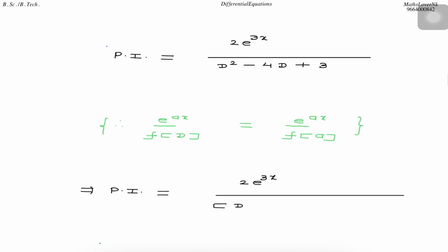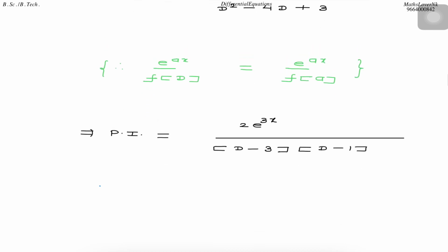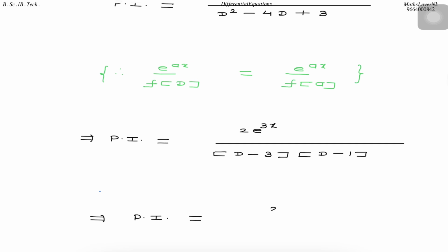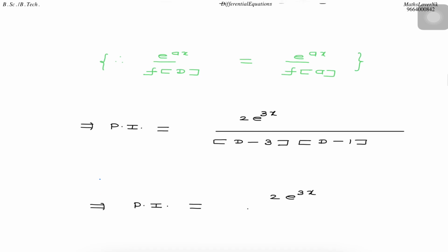So PI is equal to 2 e to the power 3x upon (D minus 3)(D minus 1). Putting D equal to 3 in D minus 3 gives 0, which is not possible. In D minus 1, at D equal to 3, 3 minus 1 is 2.